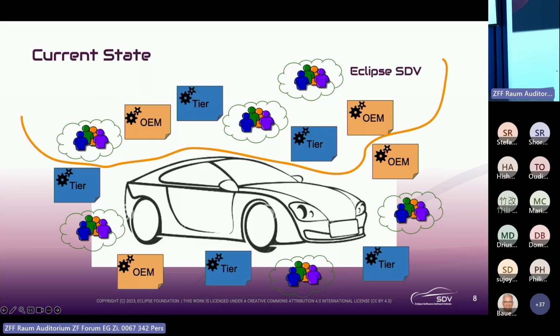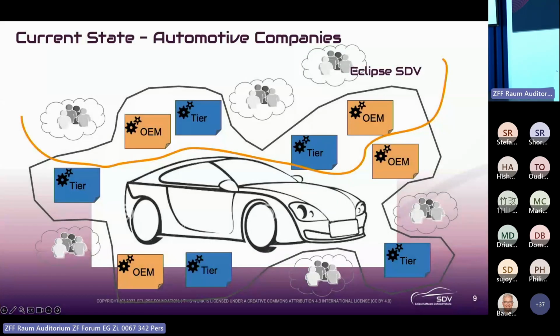We have our Eclipse SDV in there as well, where we do have a lot more collaboration between the open source groups, but also the OEMs and tiers. However, typically what we have is the OEMs structured a lot more together with the tiers and collaborating a lot more, and the open source guys sort of left on the side.